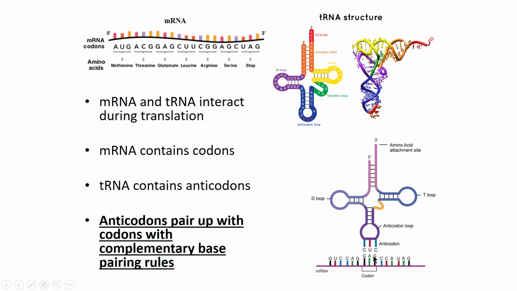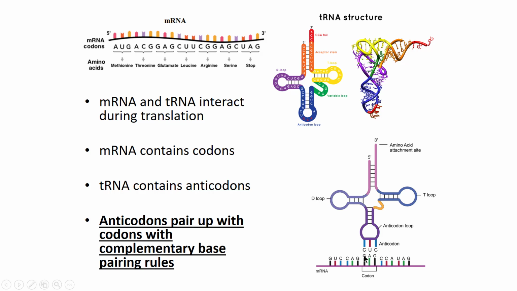So the complementary base pairing rules between RNA are such that an RNA guanine will complement with an RNA cytosine. An RNA adenine complements with an RNA uracil, and vice versa. So if I have a codon that says GAG, the complementary anticodon would be CUC.